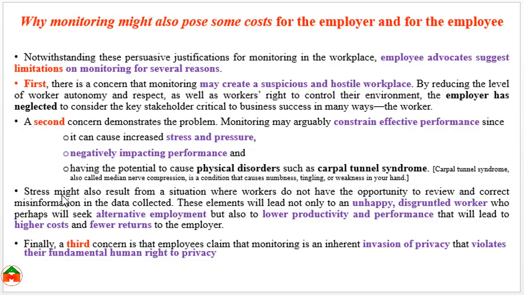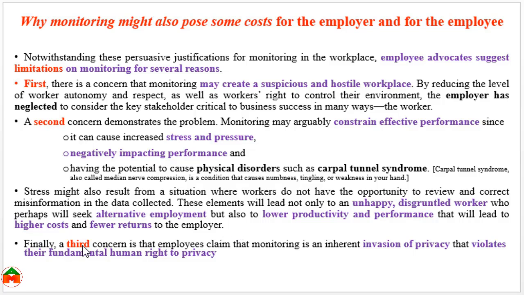And whenever there is stress, the employees may be unhappy and disgruntled. In that case the employees may seek alternative employment, and as a result there will be a high cost for the organization or the employers, because employee turnover is a great problem which increases the cost as well as creates negative impacts on the employees.